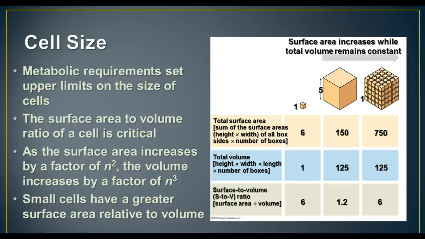We will do a lab soon that goes through some of these things about cell size and calculating the rate of diffusion to see how that is affected by size.